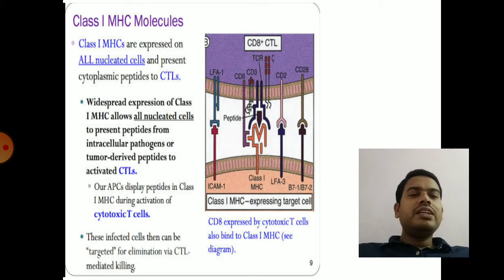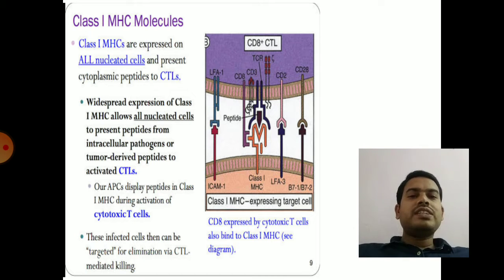So as I mentioned, class 1 MHC molecules are present on all cells which contain the nucleus. So these class 1 MHC molecules process the antigen.